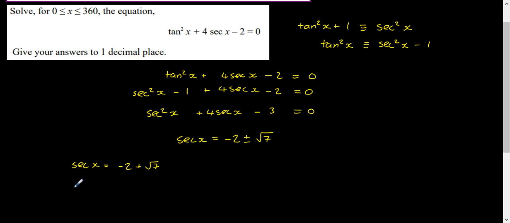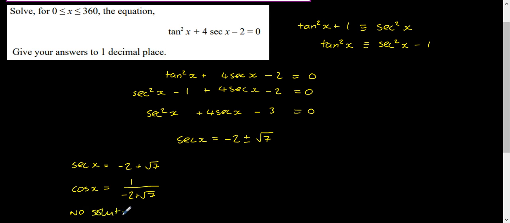And that's going to cause us a problem, because when we go to solve it for cos x, much as we did yesterday, we're going to do 1 over this -2 plus √7. And there's no solutions to this, because -2 plus √7 is 0.65, and 1 divided by 0.65 gives us a number bigger than 1. So we have no solutions.